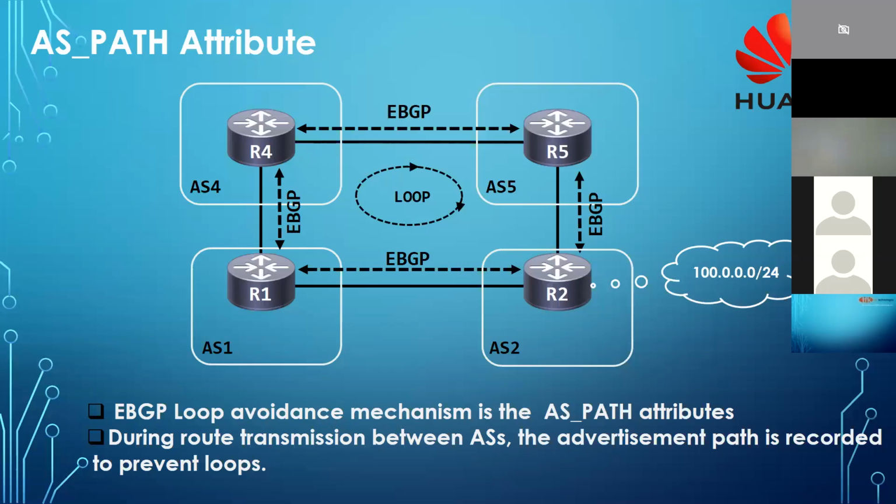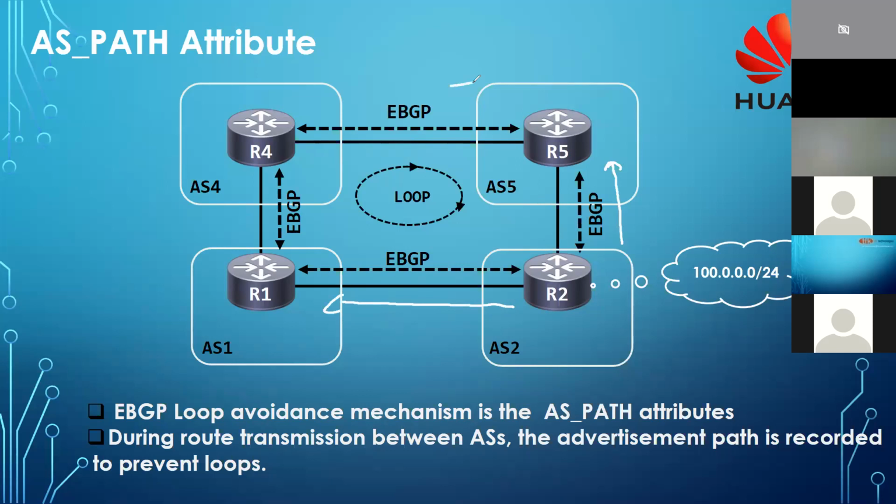So we're going to see the loop avoidance mechanism of eBGP. R2 sends an update to R1 and R5. When R5 receives the update, it will send it to R4. When R4 receives the update, it will send it to R1.